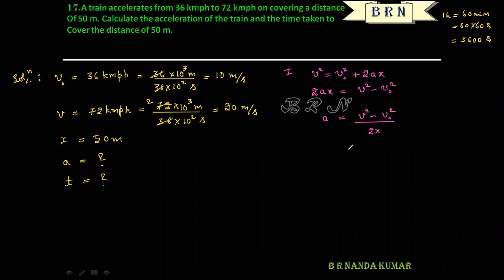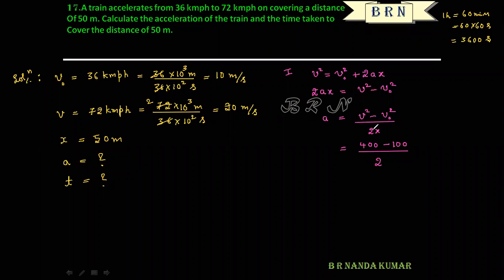Okay. So what is the value of v? v is 20, 20 square, 20 into 20, that is 400. So v naught square, 10 into 10, that is 100. Okay. So divided by 2 into x.